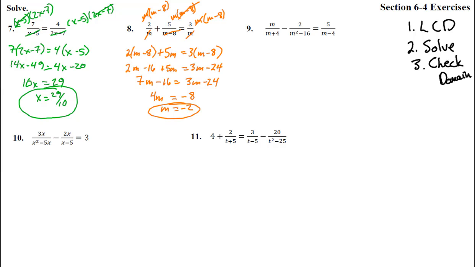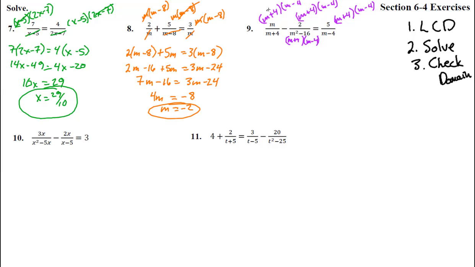Good deal. Number 9. Better factor this. This is m plus 4, m minus 4. So the least common denominator is m plus 4 times m minus 4. So let's put that up here: m plus 4, m minus 4, times that second term there, and m plus 4 times m minus 4.